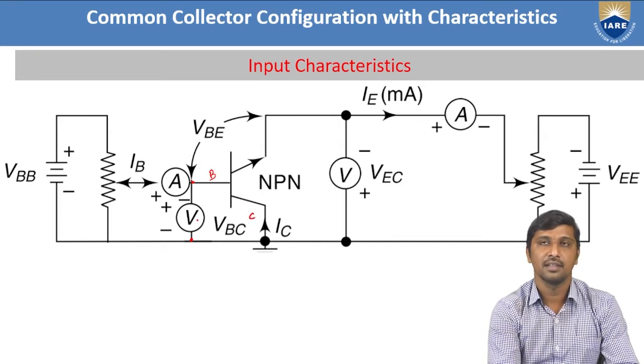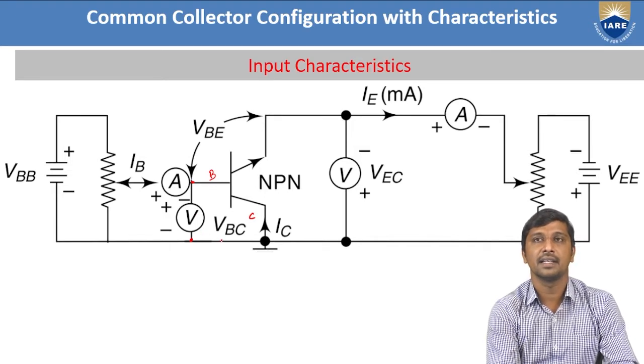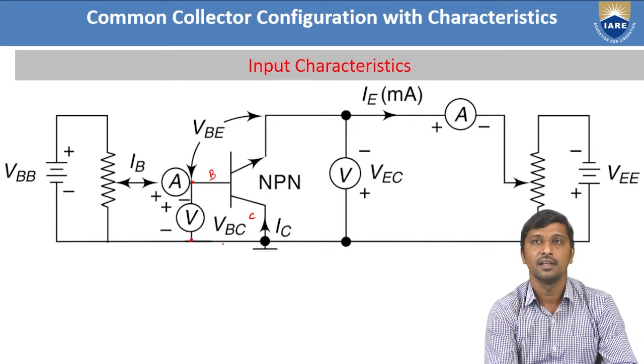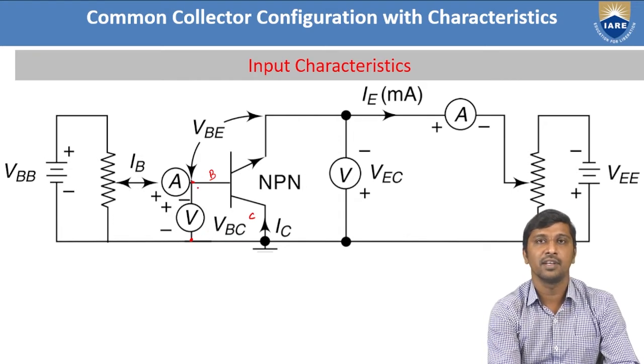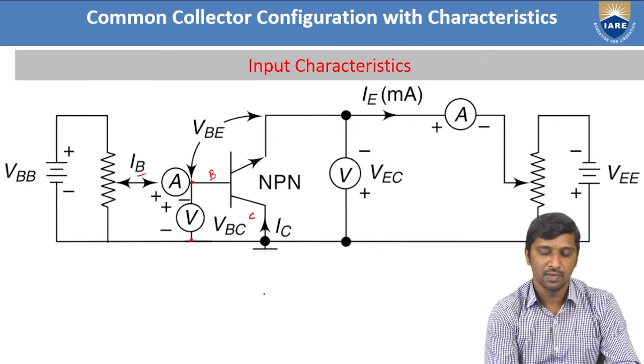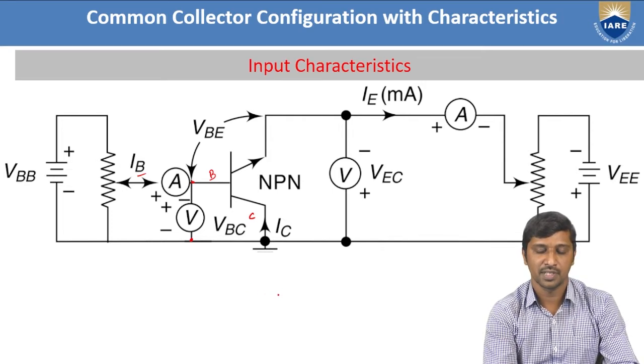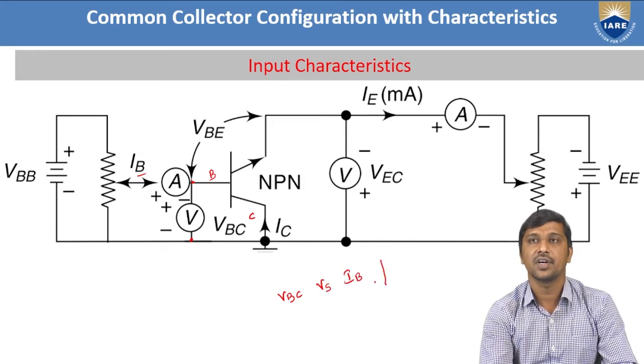That voltage I am representing as VBC, the potential difference between base and collector. Similarly, we observe the current flowing across the base, represented as IB. So we need to plot the curve on the input side, VBC versus IB, by keeping the output constant.